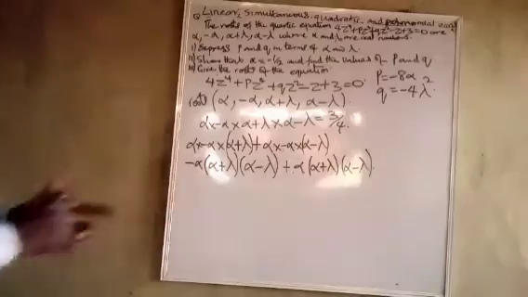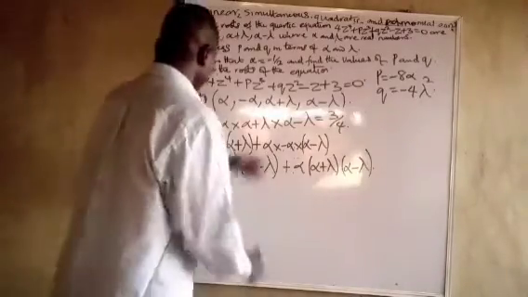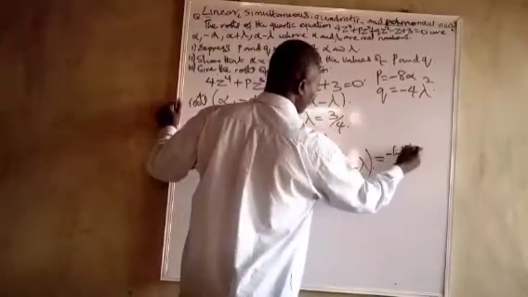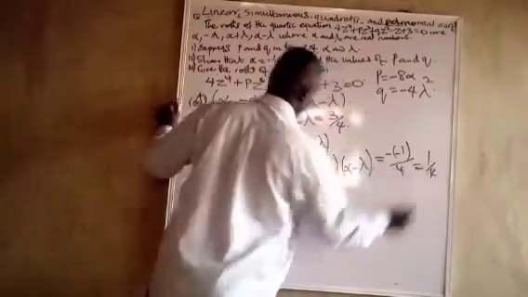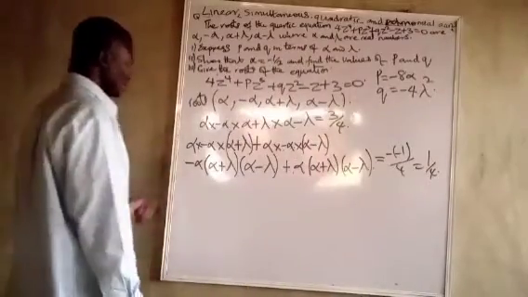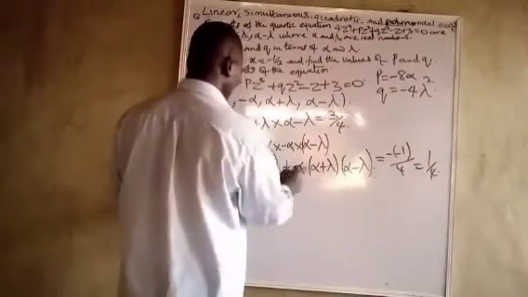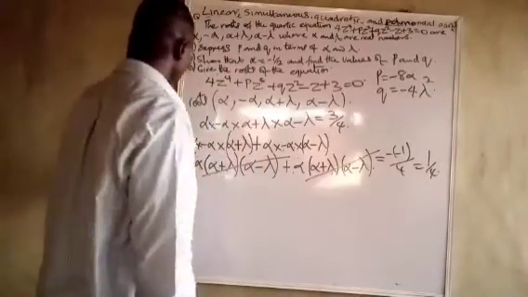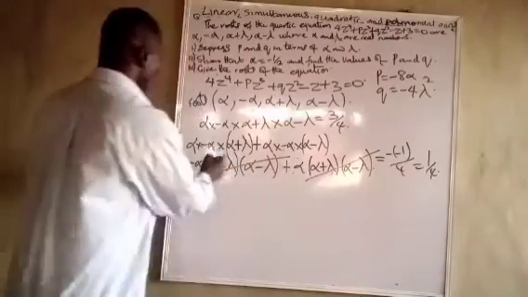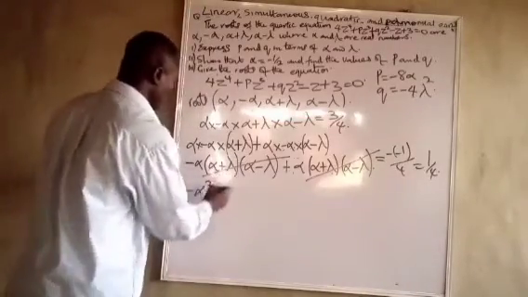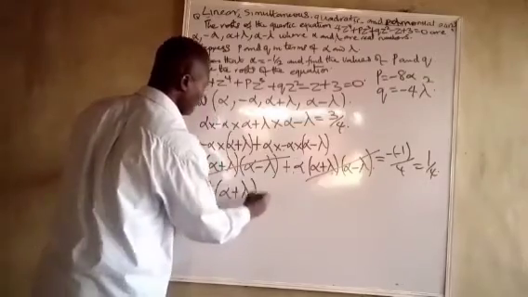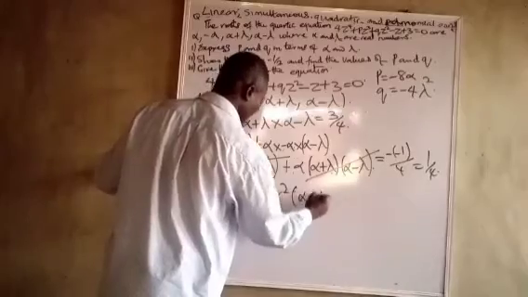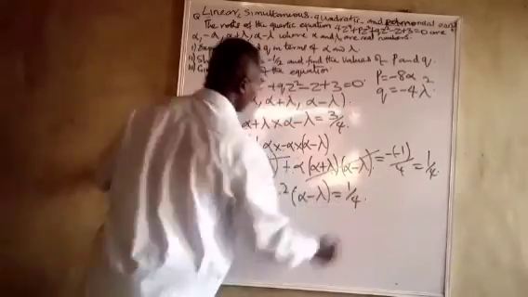So I have this equal to minus 1 over 4. Let me work it out. This alpha and this one cancel out. So here, I have minus alpha squared into alpha plus lambda, minus alpha squared into alpha minus lambda, is equal to 1 over 4.